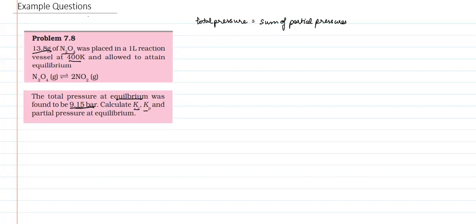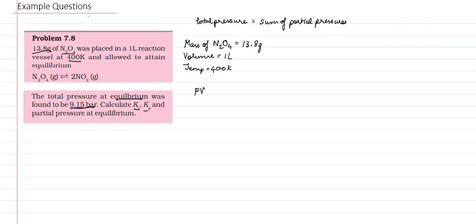We've been given the mass of N2O4, which is 13.8 grams. We've been given the volume of the reaction, 1 liter. And we've also been given the temperature.